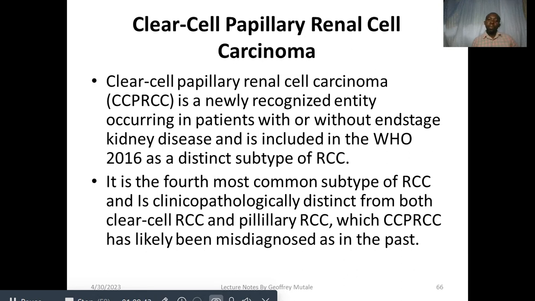It is the fourth most common subtype of RCC and is clinicopathologically distinctive from both clear cell RCC and papillary RCC, with the CCP-RCC which has likely been misdiagnosed as such in the past.